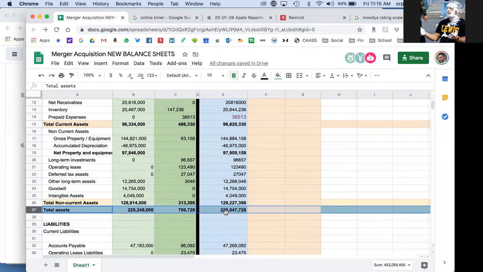You have a balanced balance sheet. Okay, so are we good there?